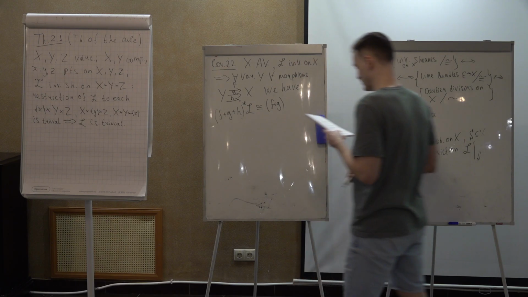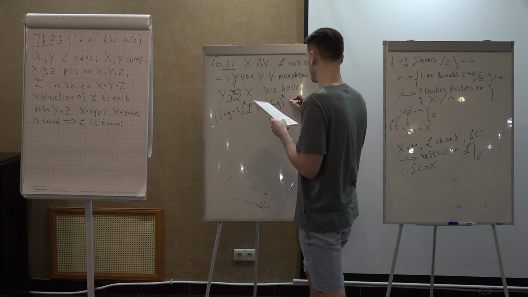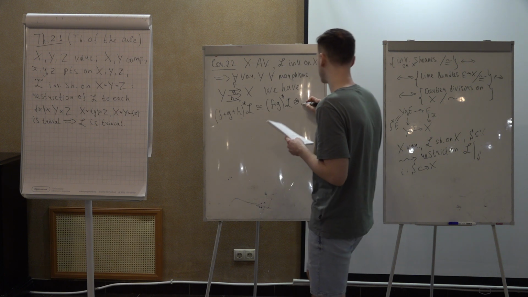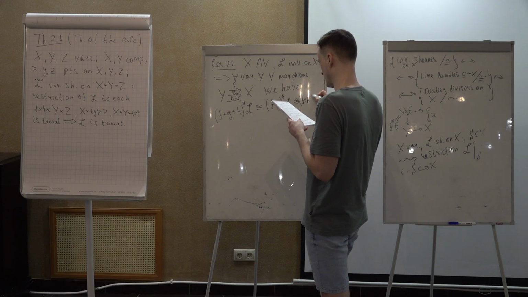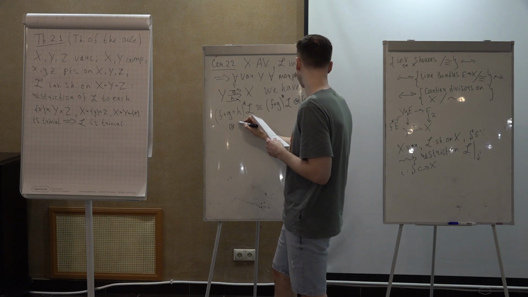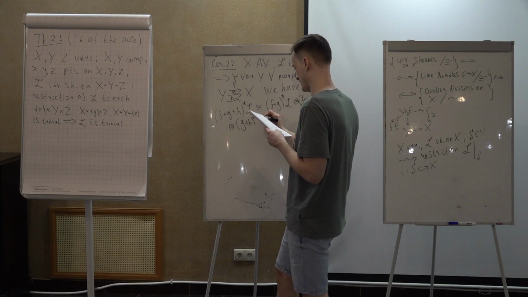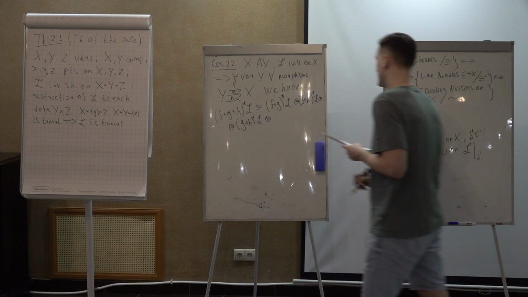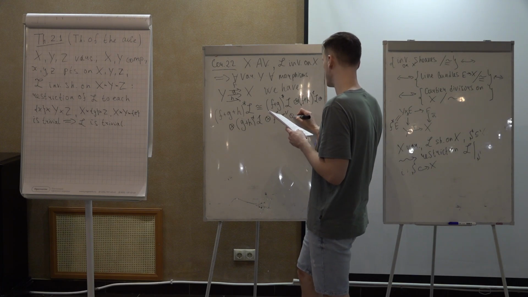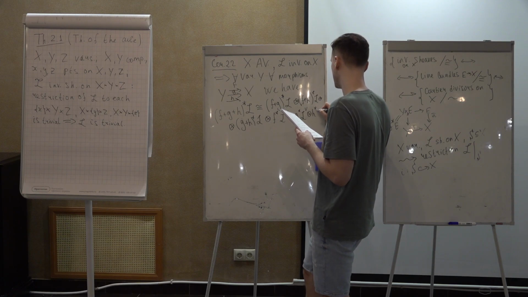It goes like this: (f+g+h)* L tensor (f+g)* L inverse, tensor (f+h)* L inverse, tensor (g+h)* L inverse, and now f* L, g* L and h* L.